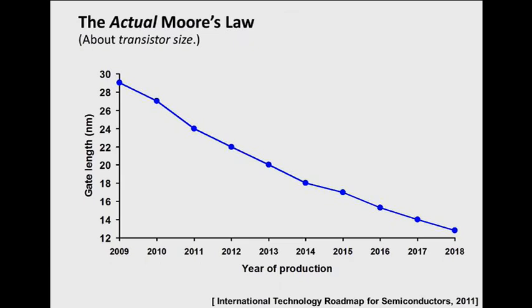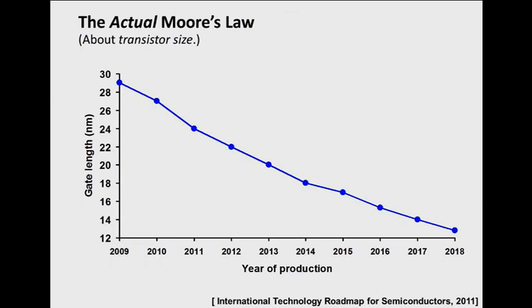Basically, in a transistor, you've got a channel which electrons flow through. Think of it like a pipe, and you've got water coming in one side, water coming out the other. And the length of that channel has resistance. So if you have a longer pipe, then it takes longer for the water to get from one end to the other. So over time, the length of this pipe has been shortening. And in fact, it's become so useful to have this Moore's law happening that it's become a schedule.